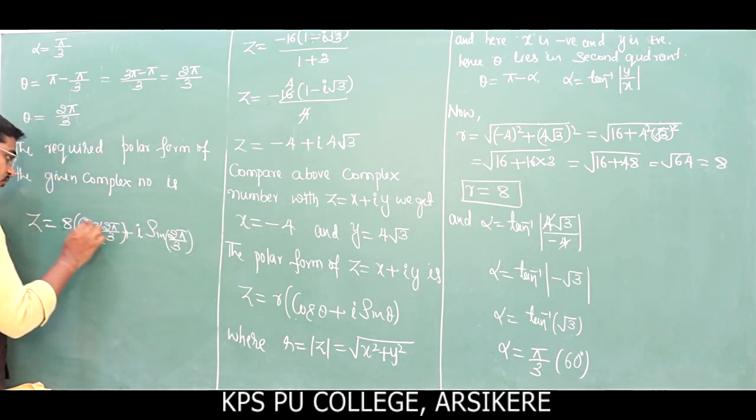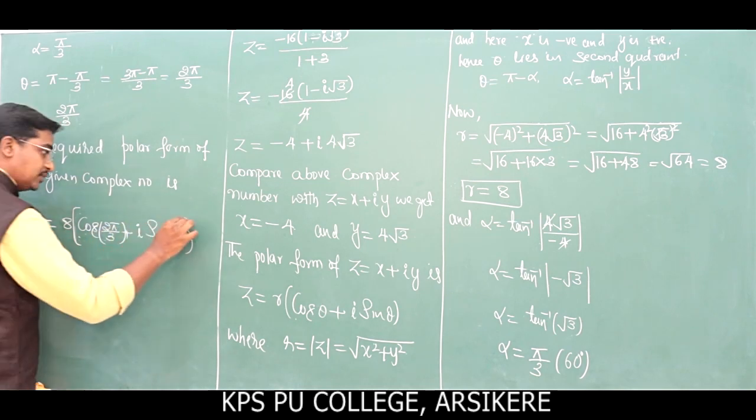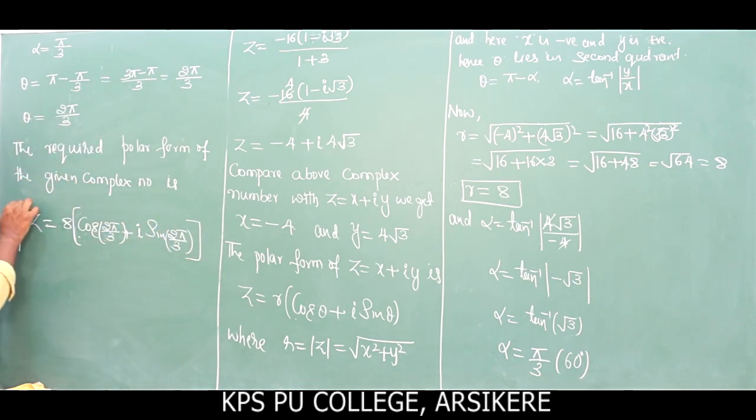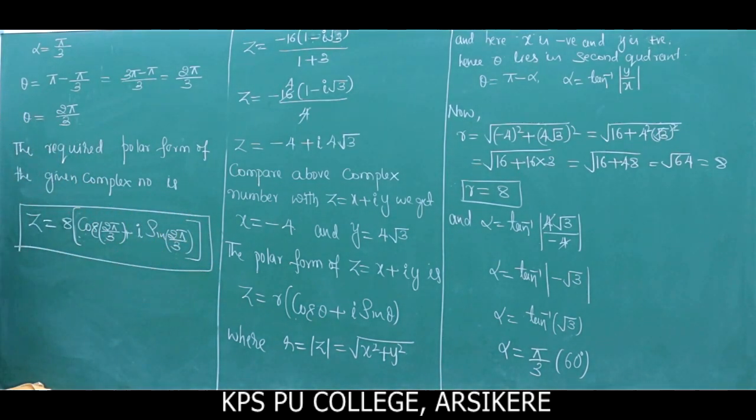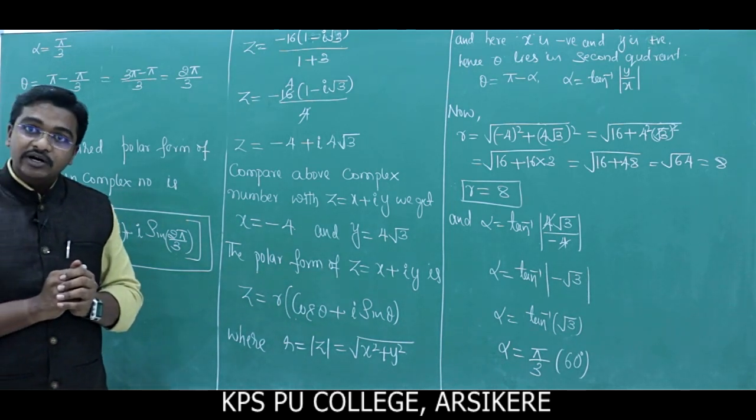This is our required answer. This is the conversion of the given complex number from Cartesian form to polar form. Did you understand, children? Take a pause and note all the things that I have written here.